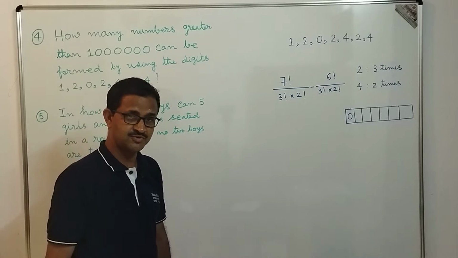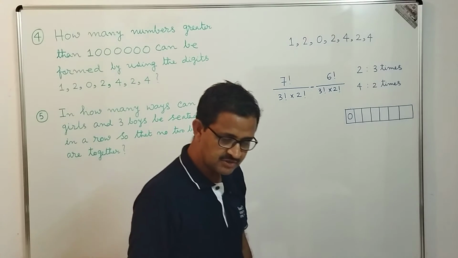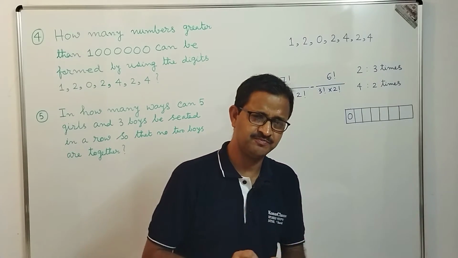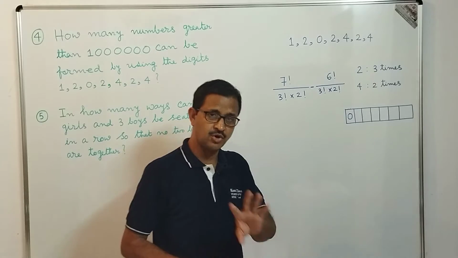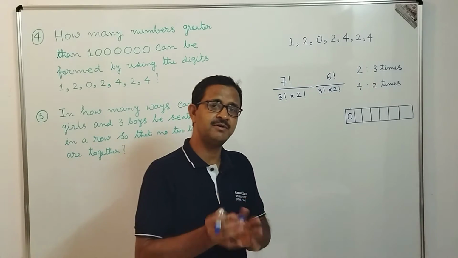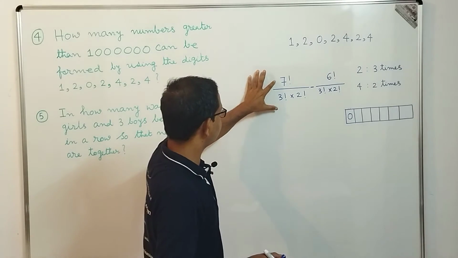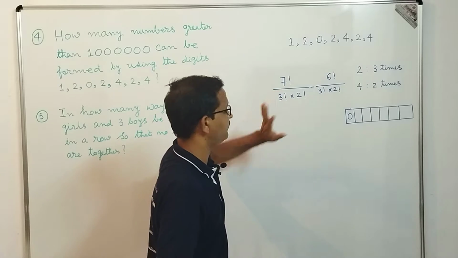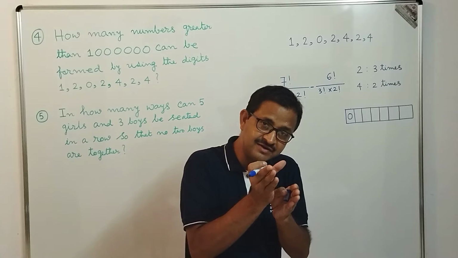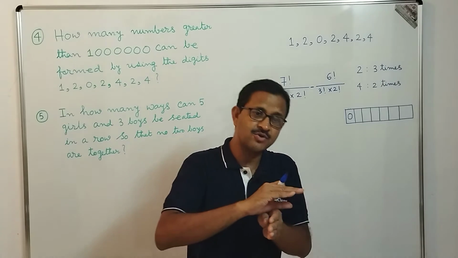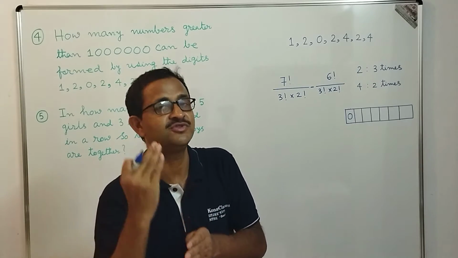Did you get the point, dear students? Let me summarize. First we take all the 7 digits, not all distinct, and the possible number of arrangements is 7 factorial divided by 3 factorial into 2 factorial. Those arrangements contain numbers starting with 0 and numbers not starting with 0.